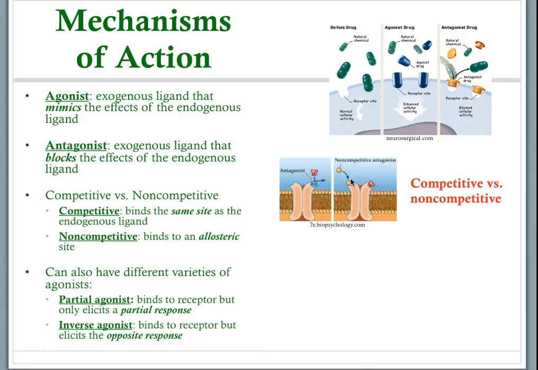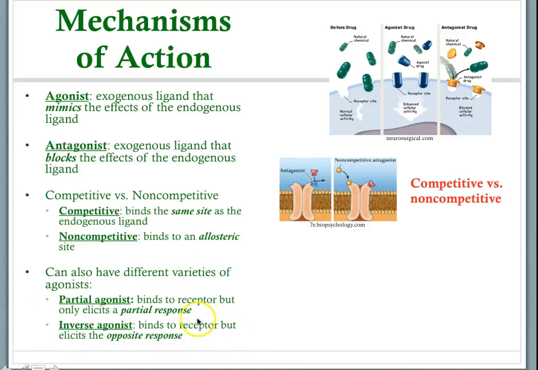We're going to see this more when we look at the curves. For now, just understand that the partial agonist produces the same response as the endogenous ligand, but the magnitude of the response is lower. It doesn't produce the maximal response, only part of the response. An inverse agonist is a little bit trickier, and this elicits the opposite response.